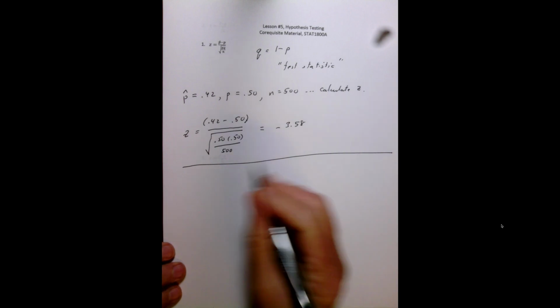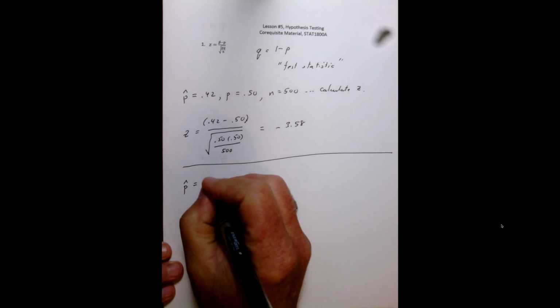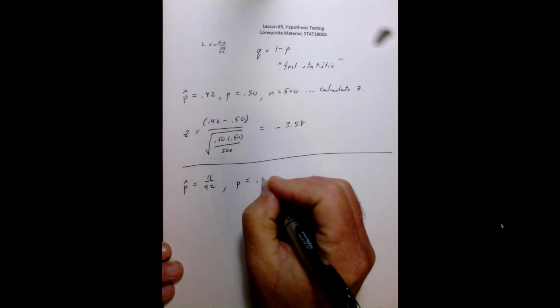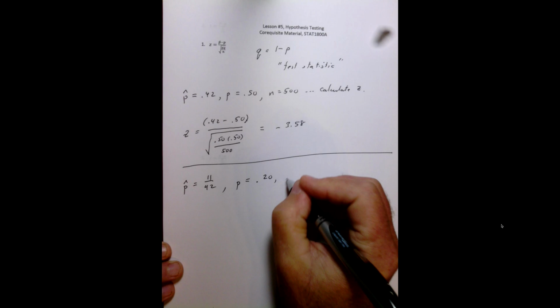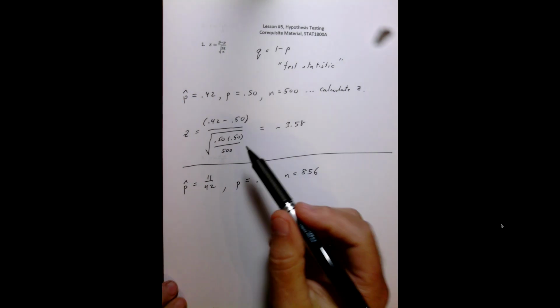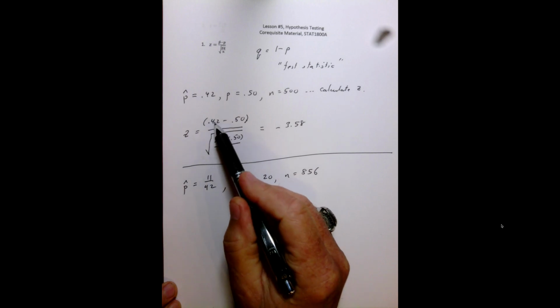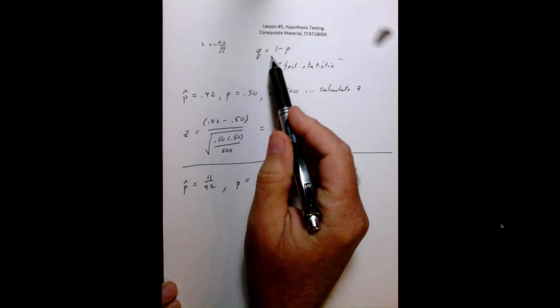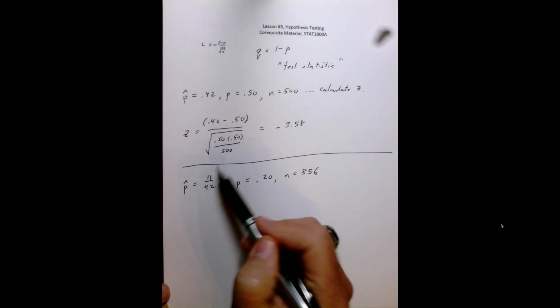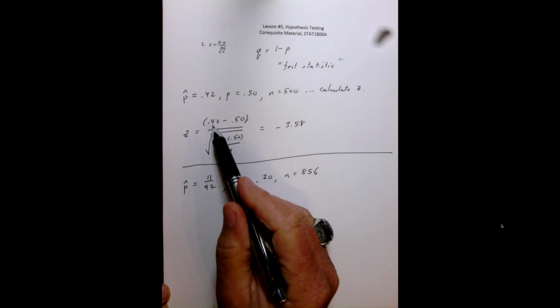Now, something that can happen is sometimes your p hat can be a fraction. Let's put in some messy numbers. If you try to put 11 over 42 there, and 11 over 42 there, and then 1 minus 11 over 42, it can get kind of messy.